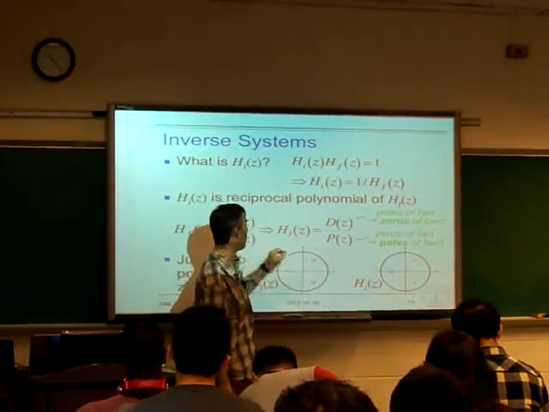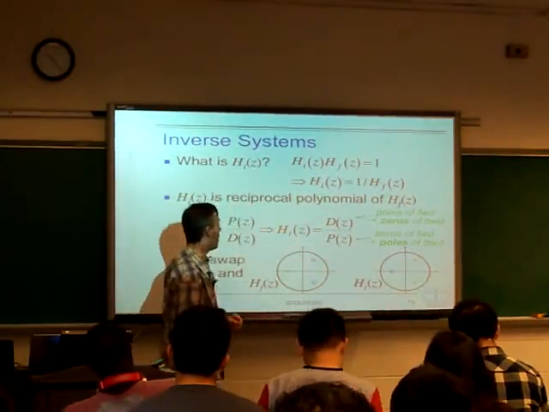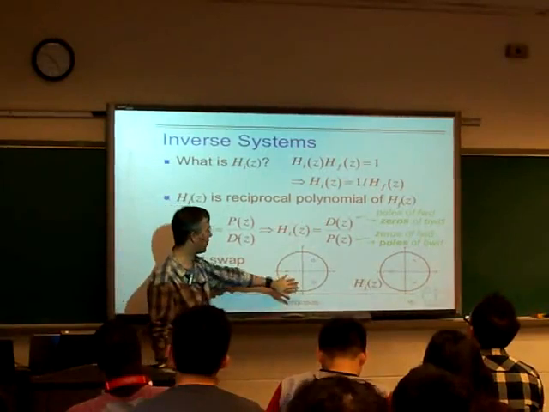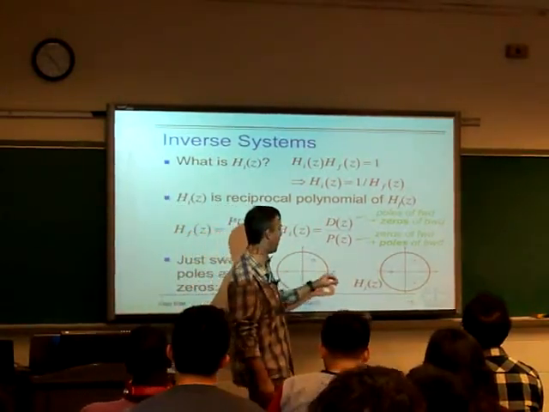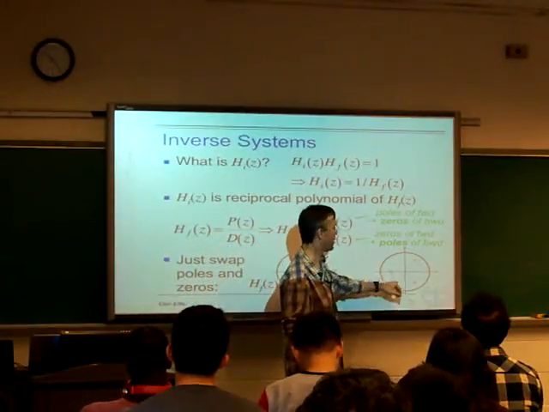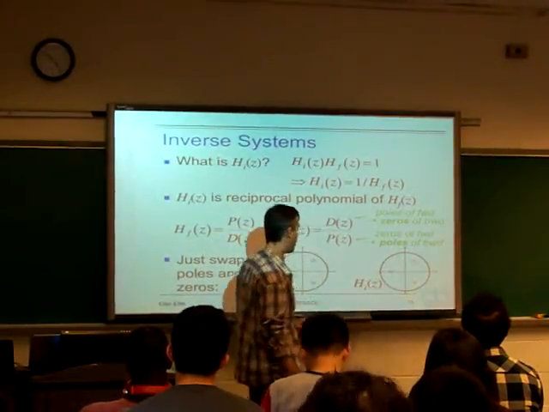What was the polynomial for the poles has become the polynomial for the zeros. And so if this was the forward system with one pole and two zeros like this, the inverse system would just replace each of the poles with zeros and each of the zeros with poles.